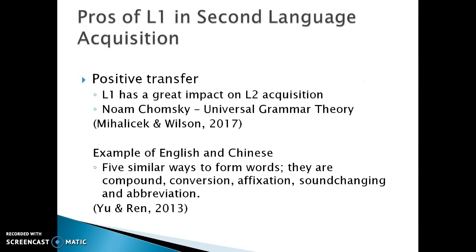There are many benefits of L1 in second language acquisition, and recent research has proven this. Recent research states that there is positive transfer, or that L1 has a great impact on L2 acquisition. Noam Chomsky's universal grammar theory upholds this positive transfer.